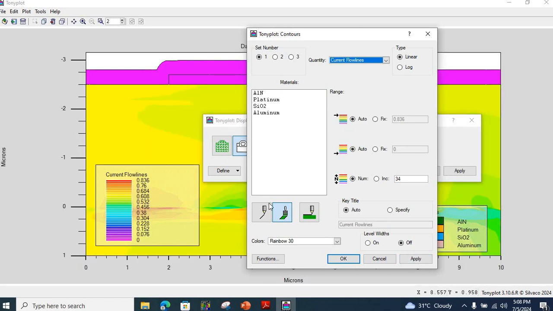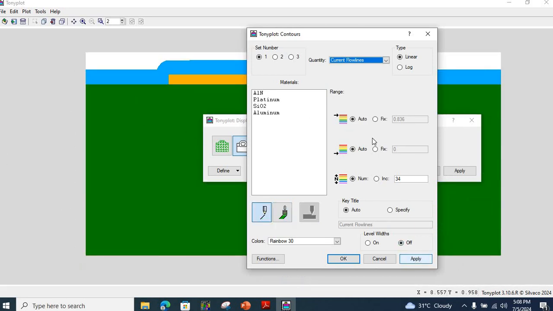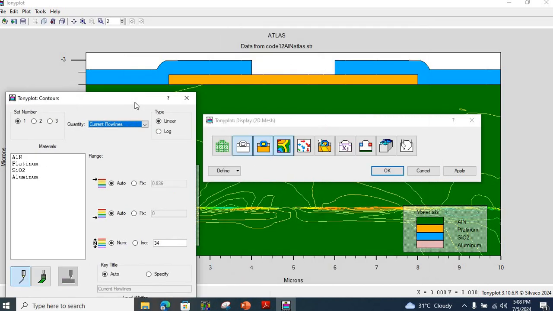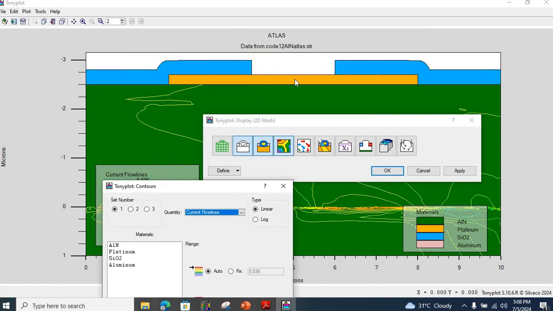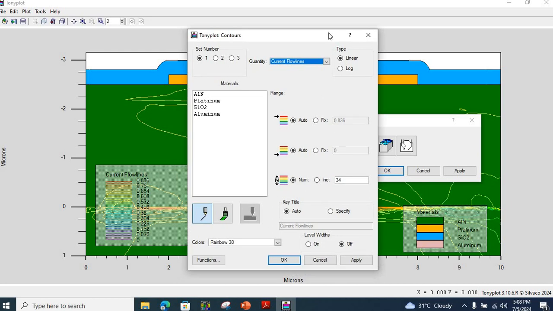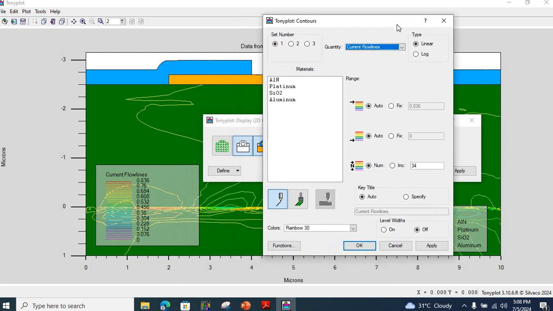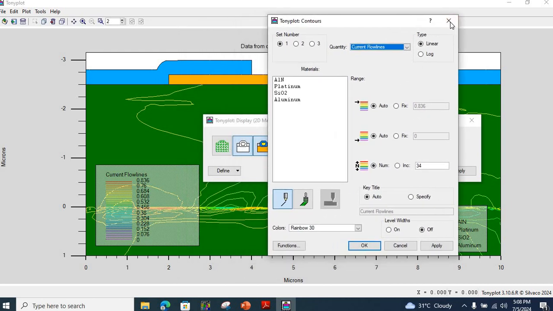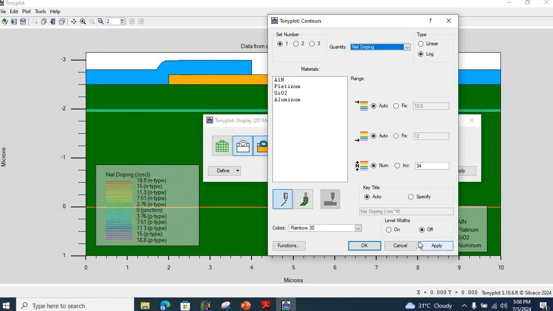Initially there are no current flow lines inside the structure because this is under thermal equilibrium. So you would see random lines, but not organized lines running from the anode to the cathode. However, we can look at certain other parameters.